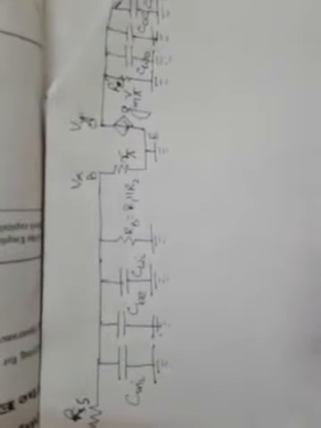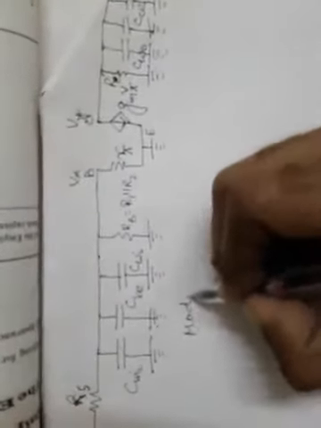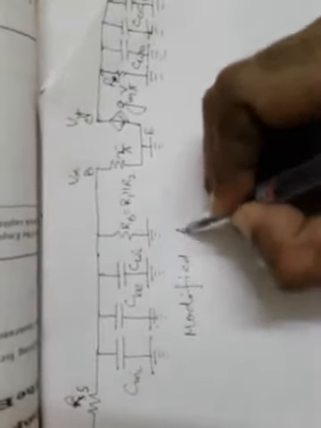This is the emitter, this is the base having voltage Vx, and this is the collector terminal having voltage Vy. So this is all about the modified AC equivalent model of the BJT amplifier in common emitter mode for small signal high frequency response.